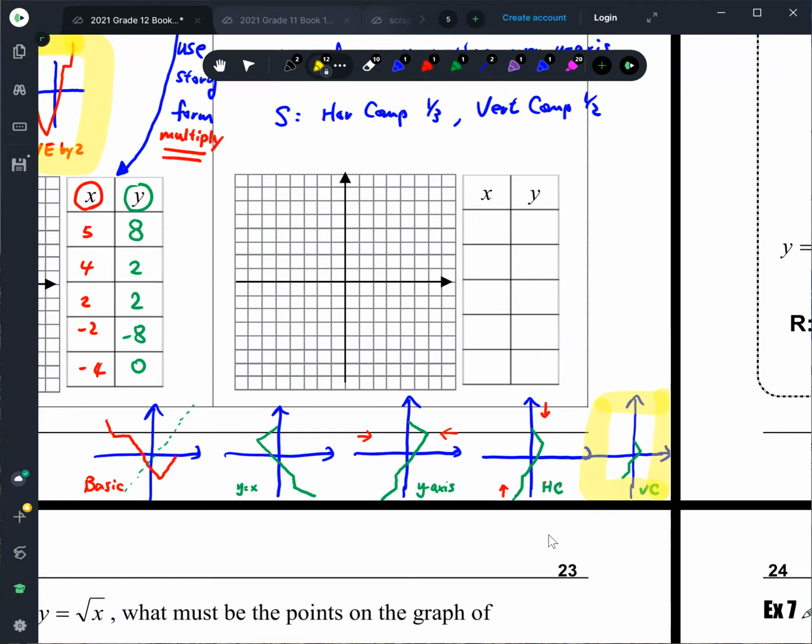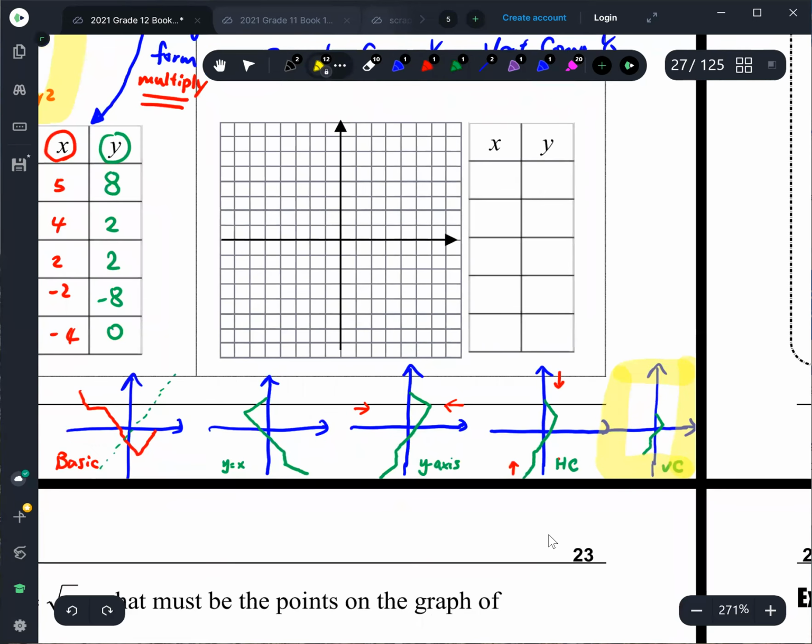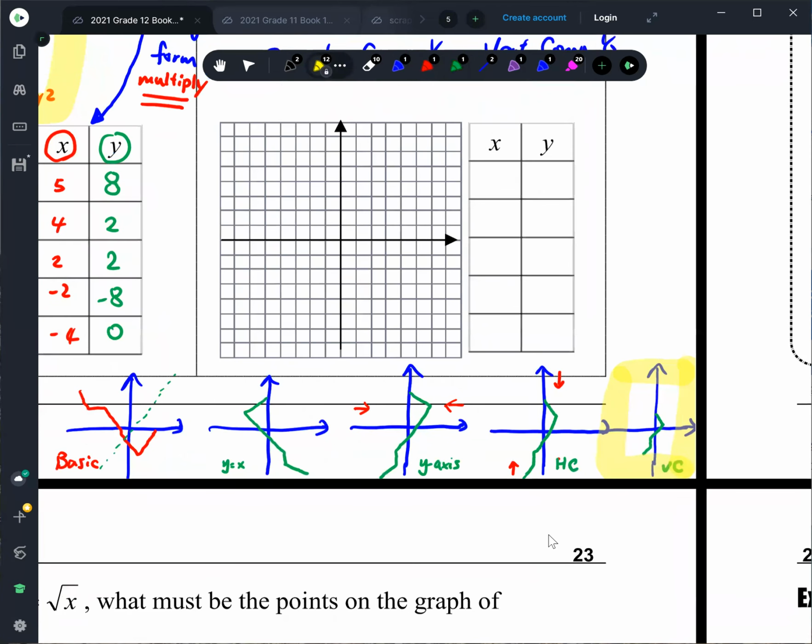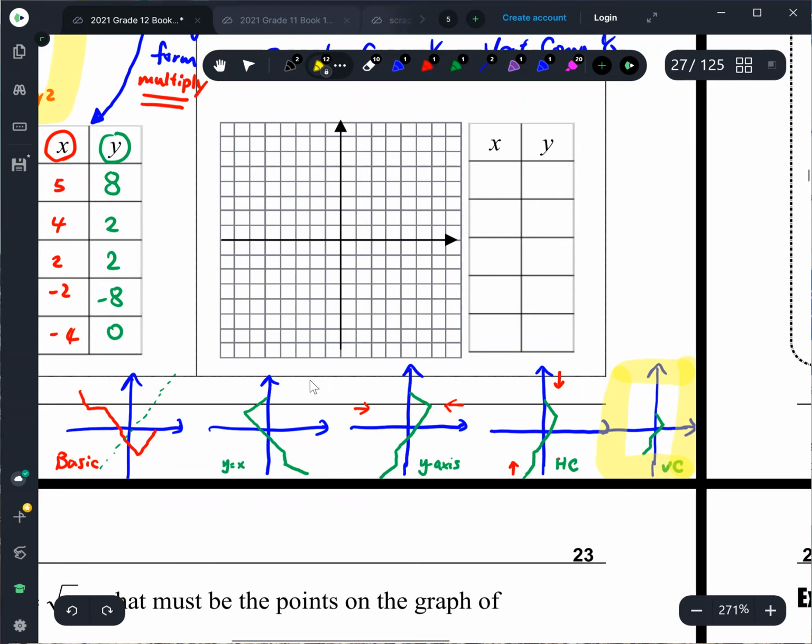So our final graph, we should expect something like this. Compared to the basic, the one on the left side, the red one, it's very, very different. Much smaller and got flipped. So this I call a comic strip.